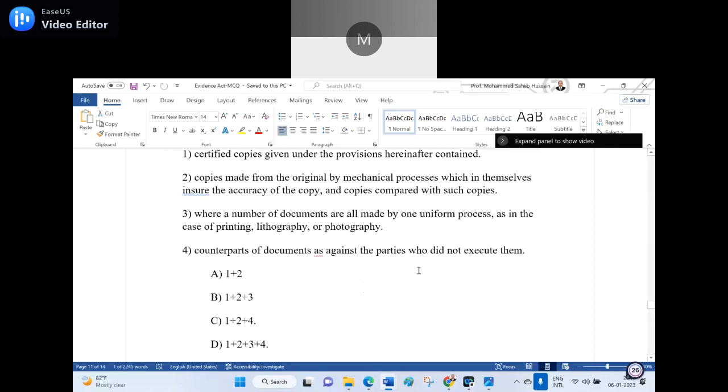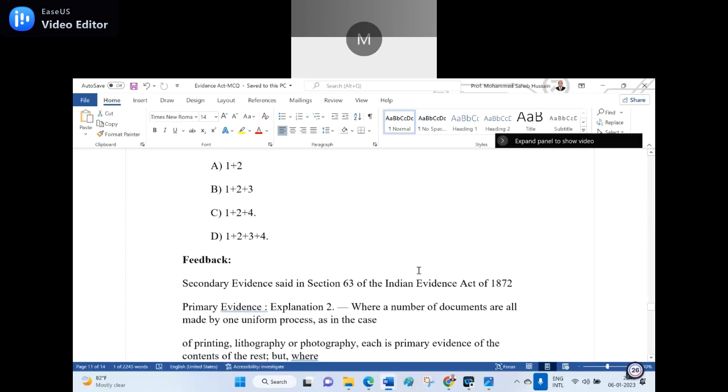Option D, sir. Option C is correct, sir: 1 plus 2 plus 4. I appreciate Venkat Reddy. Your option is the correct option. The reason is that where a number of documents are made by one uniform process, as in the case of printing, lithography or photography, they are considered to be primary evidence.